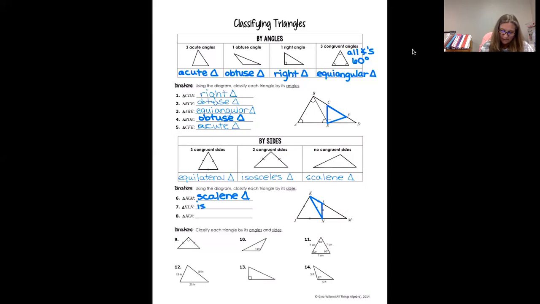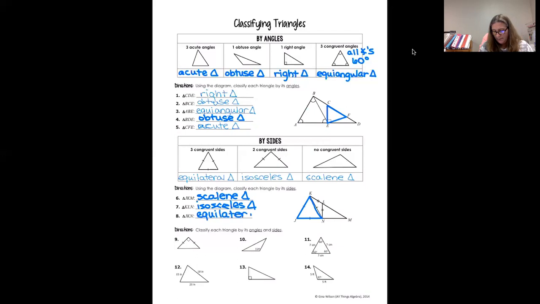That is an isosceles triangle. And then the last one that we are going to look at is JKN. And as you can see, for each of those, we have the one tick mark, which indicates that you have an equilateral triangle.